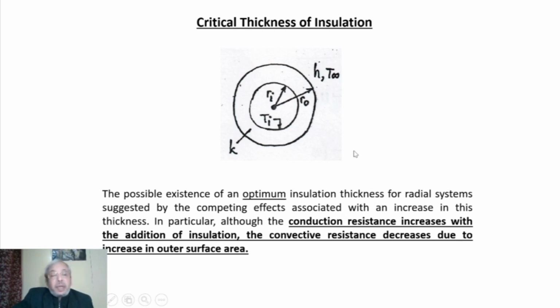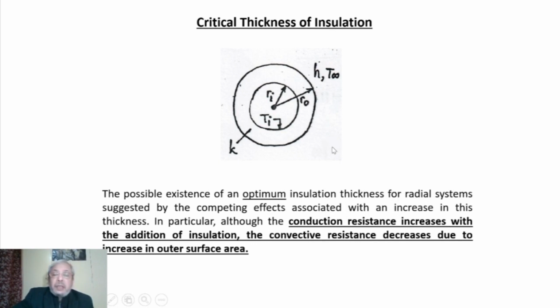Now this problem indicates a possible existence of an optimum insulation thickness for a radial system. This is suggested by competing effects associated with an increase in the thickness.